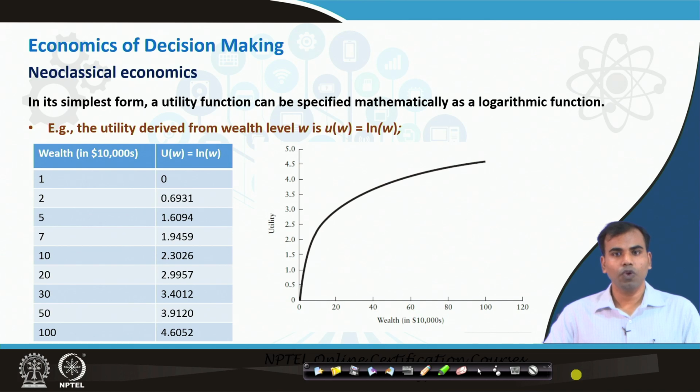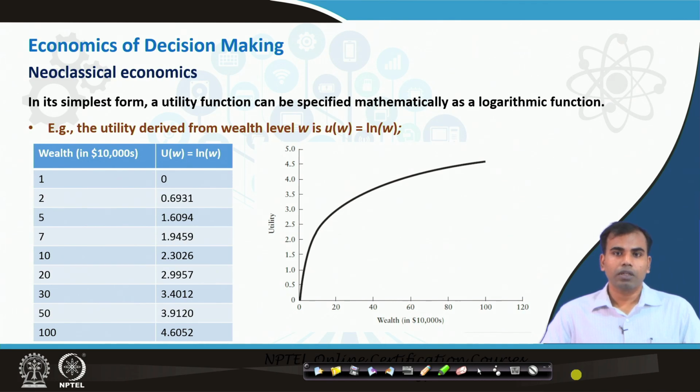Now, if you want to go for a more risky activity or more risky task, that is alternative B, you would certainly demand a higher payoff or higher return out of the activity. So, how much higher is the question?